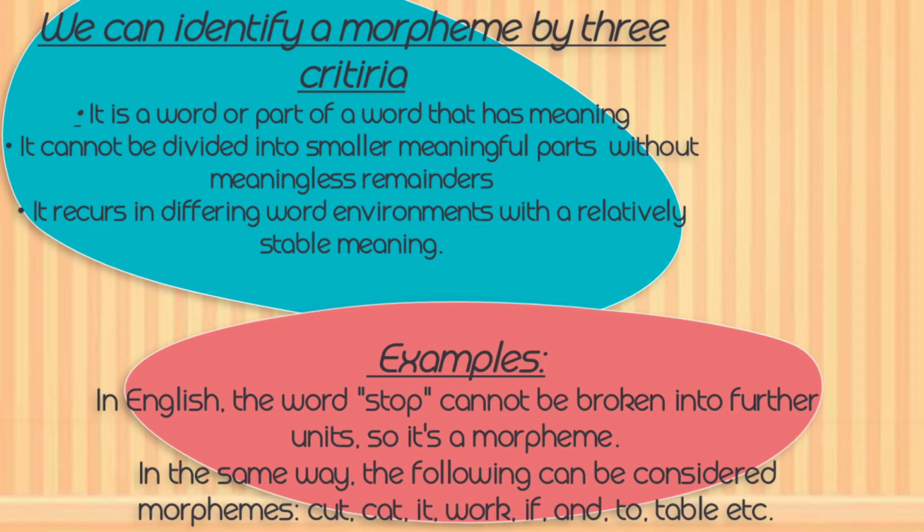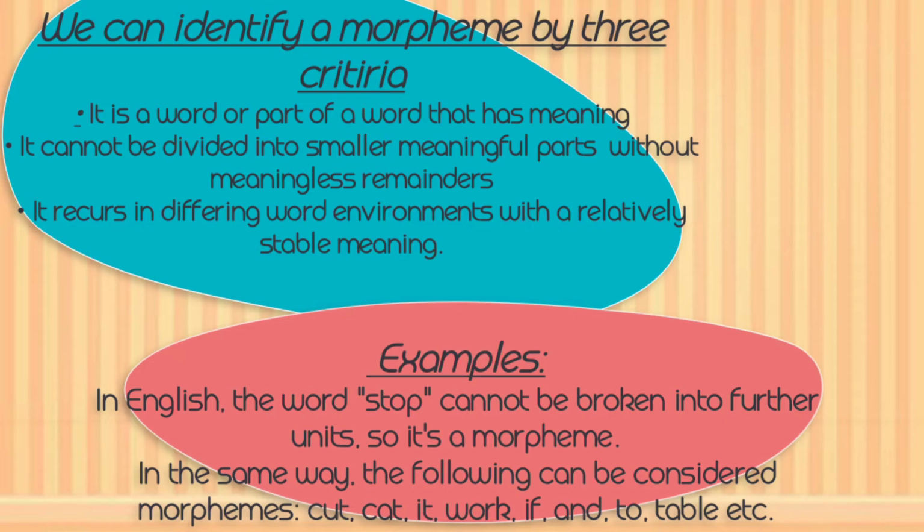Over here, I have cited 3 criteria we can use in identifying a morpheme. First, it is a word or part of a word that has meaning. Secondly, it cannot be divided into smaller meaningful parts without a meaningless remainder.